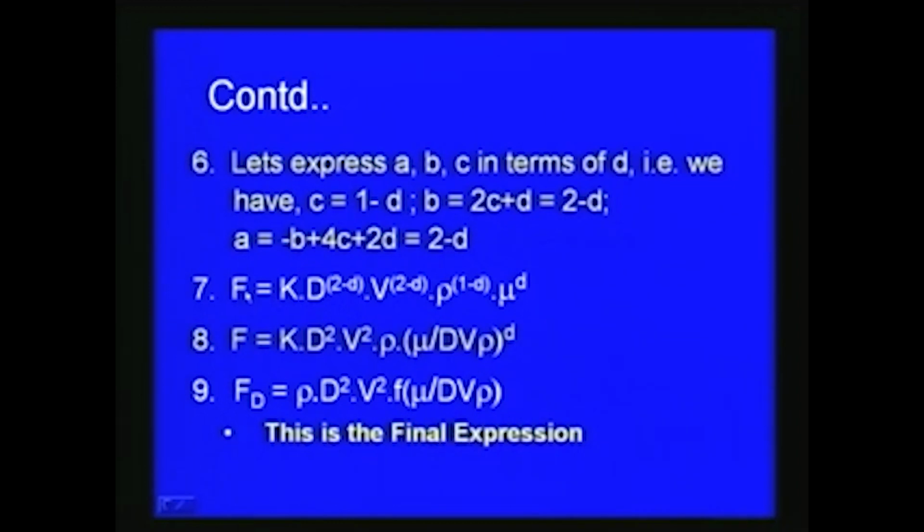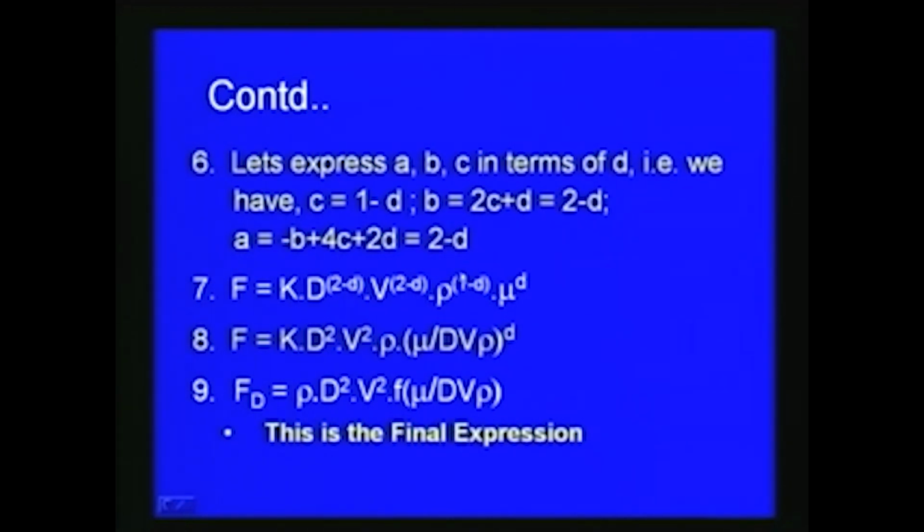So, in the 7th step, we write F equal to K into D to the power 2 minus D, V to the power 2 minus D, rho to the power 1 minus D, mu to the power D. Now we can see that with respect to this equation for F and the other terms, we can get the value of D. Finally, if you solve this system, you can see that on the left hand side there is no F term.